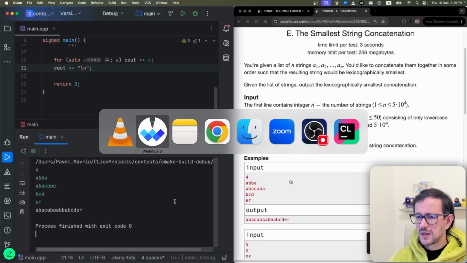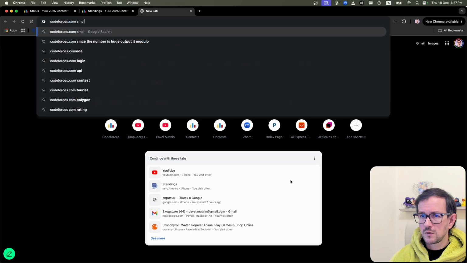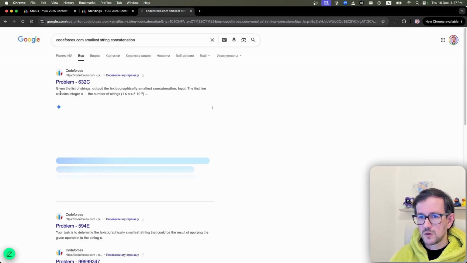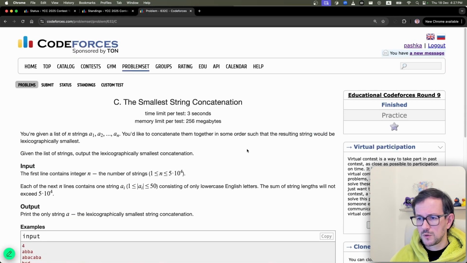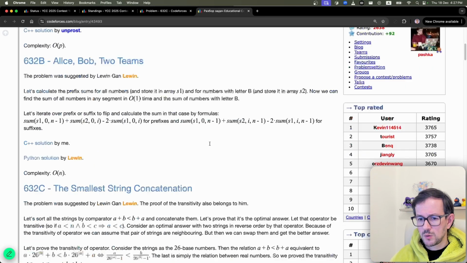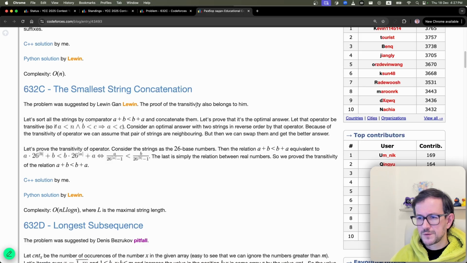It's interesting. I think it's a classical problem. Let's find it. Smallest string concatenation. Oh, that's fun.